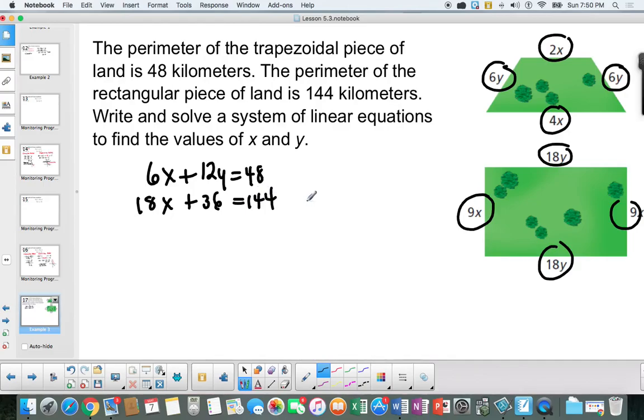All right, now I think I'd like to multiply this side by -3 and multiply this side by -3 so that I can use the elimination method.